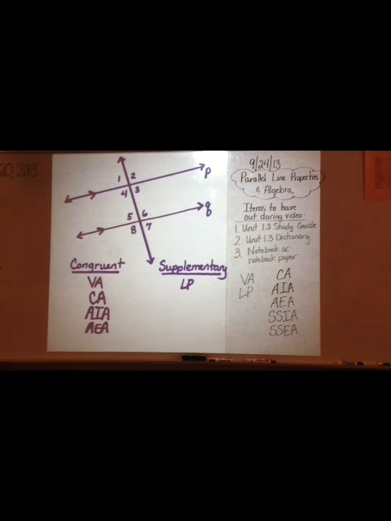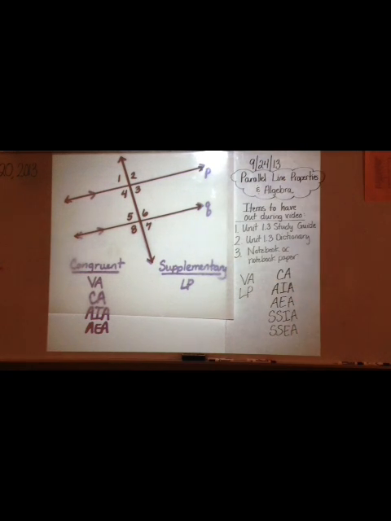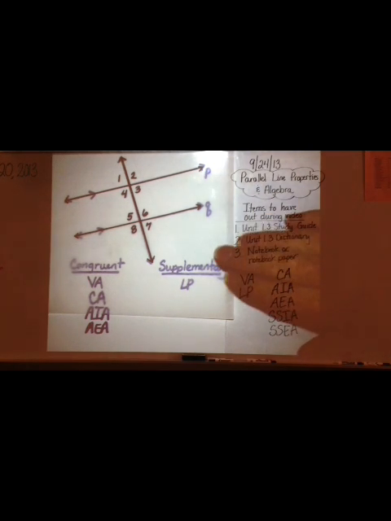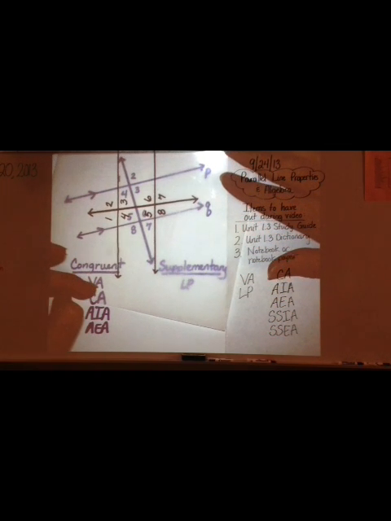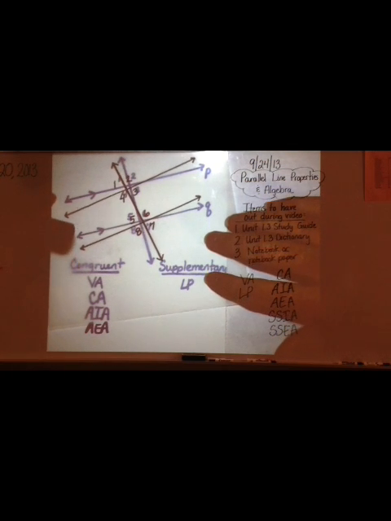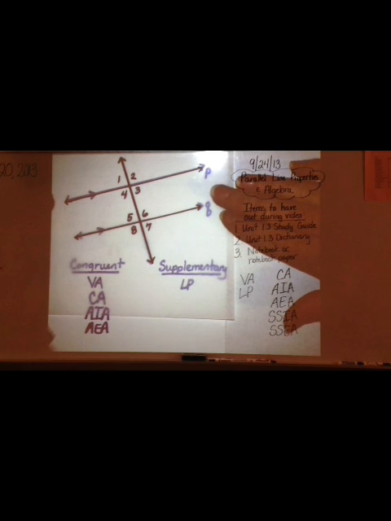The last two, same side interior and same side exterior. Same side interior, between the parallel lines, same side of the transversal. We're going to talk about angle 4 and angle 5. Angle 4 and angle 5, if we try to rotate the patty paper, that may or may not get us anywhere. How about we go back to that same translating or sliding action from corresponding angles?